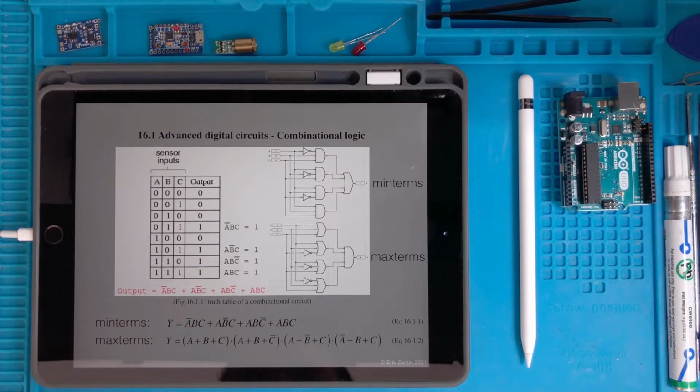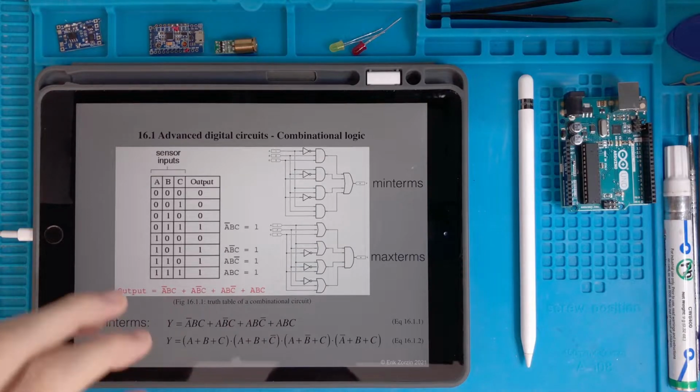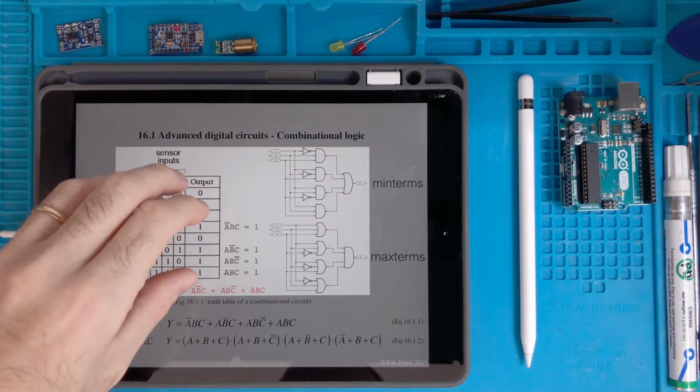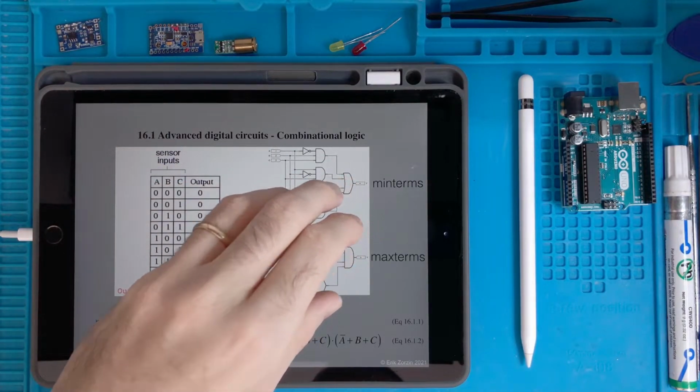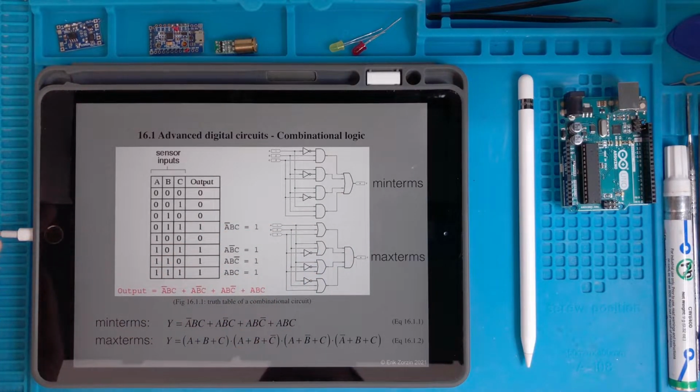But now we want to be able to implement any truth table. So we want to be able to go from a given truth table to a circuit. We know that there is not only one possible solution, but there can be many. But let's see at least a method to produce one solution.